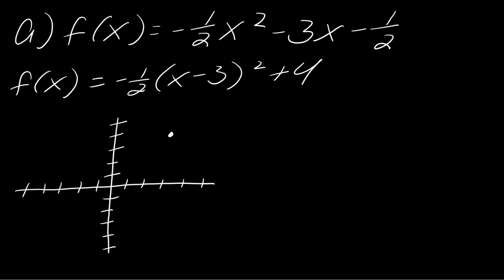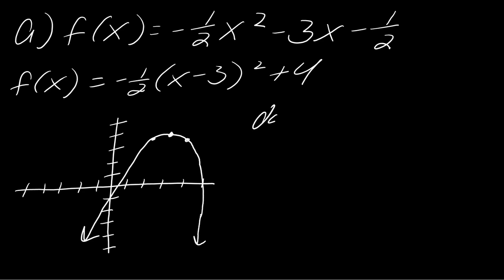And then this parabola needs to open down because there's a negative here. Instead of going out 1 and down 1, I'm going to go out 1 and down half, because that's what the half here means. So I go out 1 in each direction and then just down half. So I've got my parabola. Let's see if I can draw it. Okay, I've got my little sketch now, and I think this is going to make everything easier.